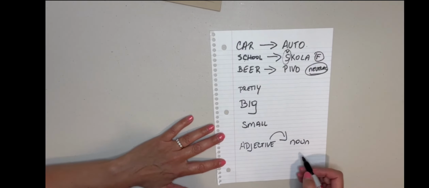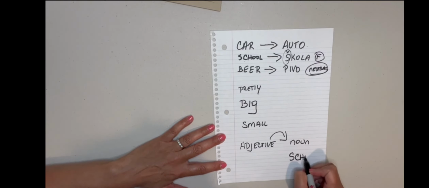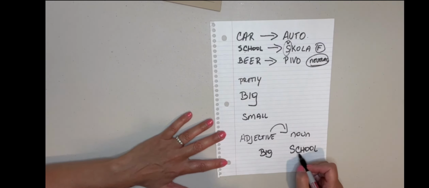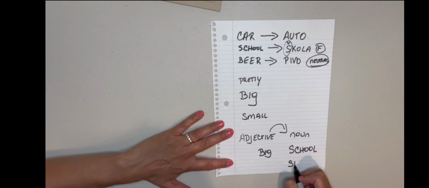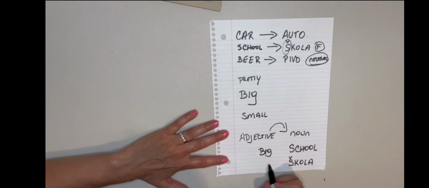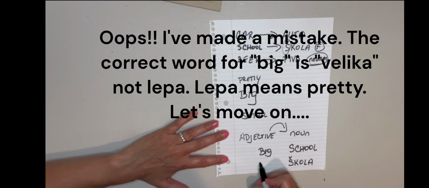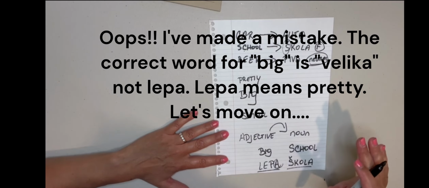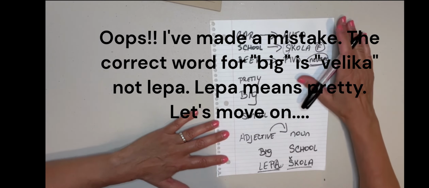So for instance, if I say it's a big school, then in Serbian, I have the word school is škola, and the word for big is lep, but I want to make it feminine, so I say lepa. This adjective is lepa, and this is škola. This is a feminine noun. Okay, let's go ahead and dive into it, because this may not make sense right now, naturally.